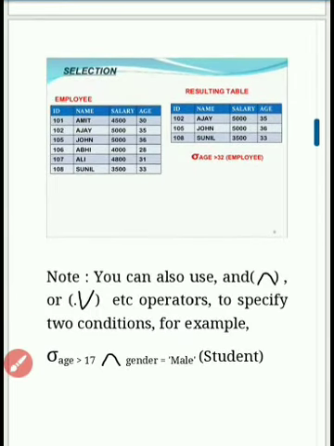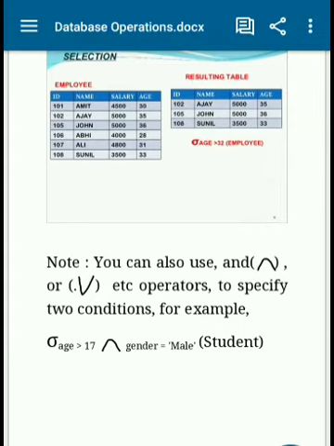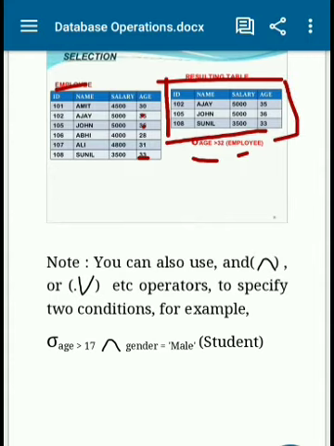So this is our selection operation. Here is another example, the employee table: ID, name, salary, age. Our condition is selection age greater than 32 for employee. Employee is the table name, the relation, and this is the condition. Whose age is greater than 32? That means age 35, 36, 33, these three tuples should be selected. These three tuples create another relation, clear?